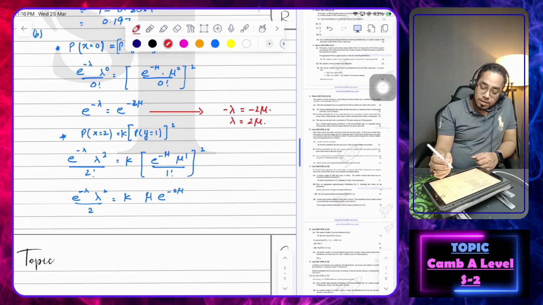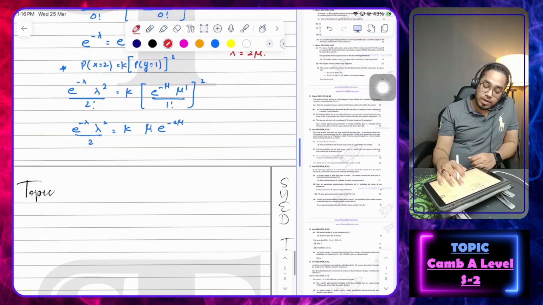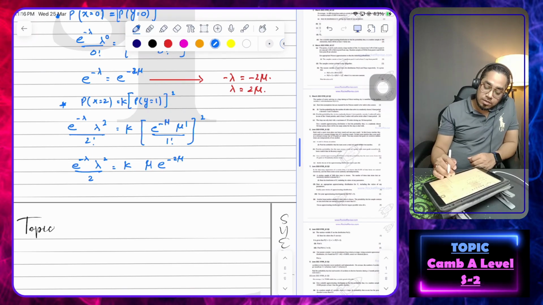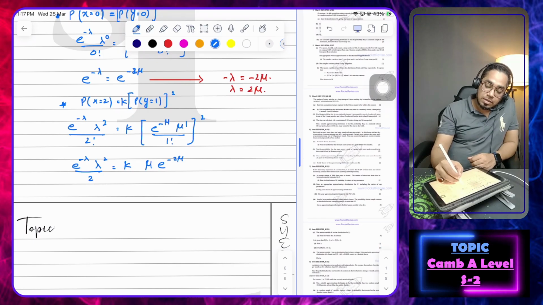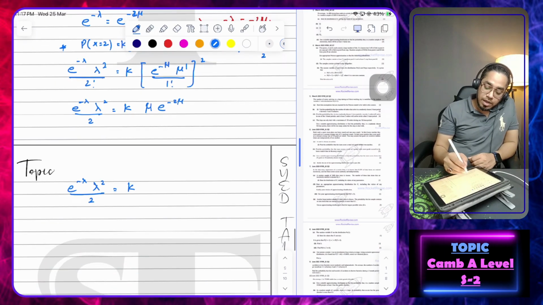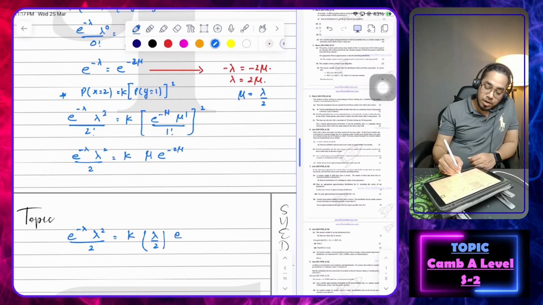So mu can be equal to lambda by 2. Put that value inside this one: exponential minus lambda, lambda square divided by 2 is equal to k times lambda by 2, and exponential to the power minus 2 mu, so it will be minus lambda.